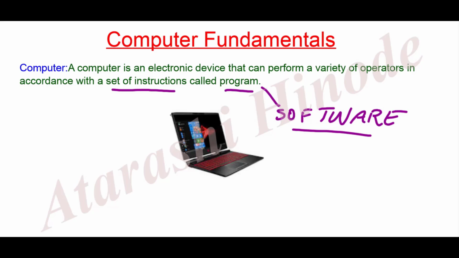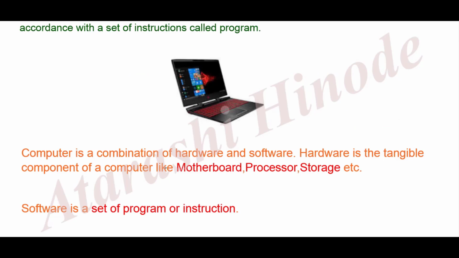That is how computers perform various functions, and this is the proper definition. Now this brings us to the point that a computer is a combination of hardware and software.